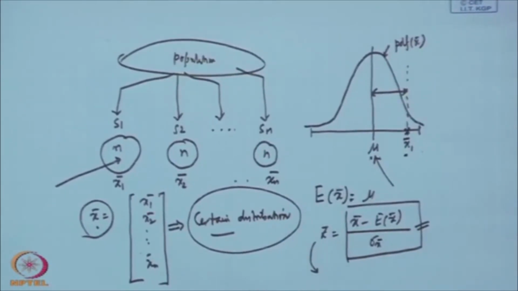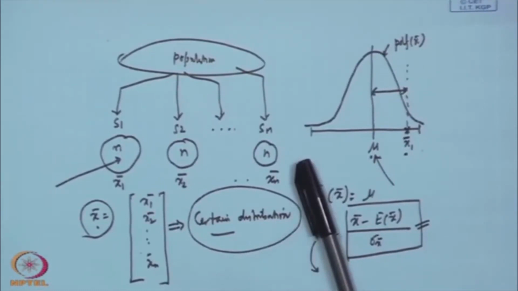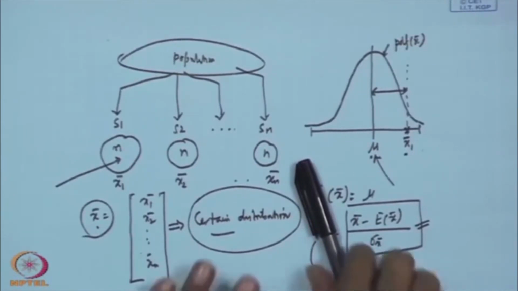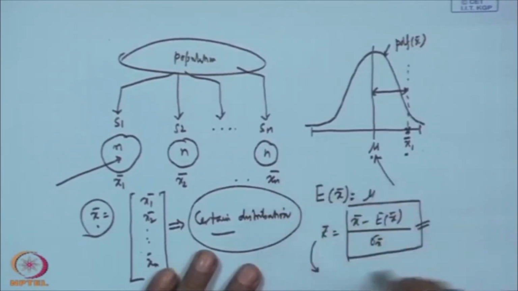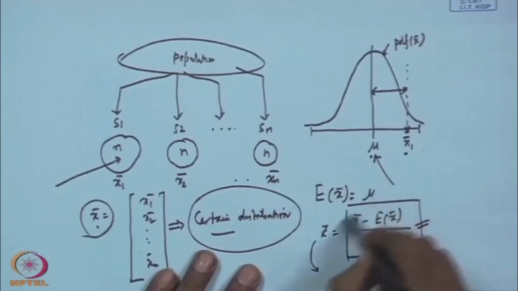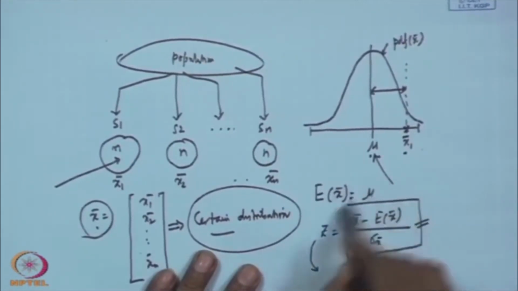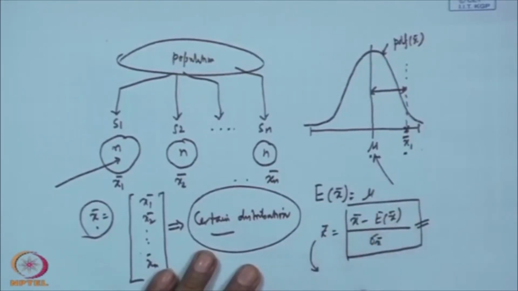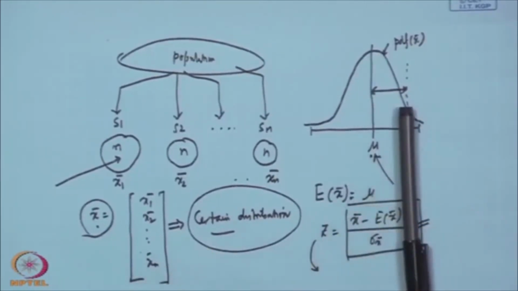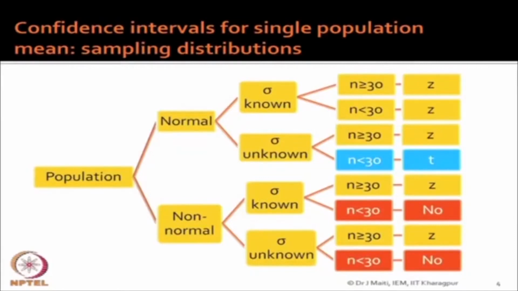Now, if you sample from a non-normal population, when sigma is known and your sample size is large, then this same quantity follows Z distribution. Even if sigma is unknown, but sample size is large, that is again Z. But in the other two cases, when the sample size is less than 30, that is a small sample size, then no parametric distribution is possible.